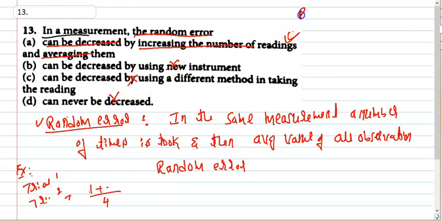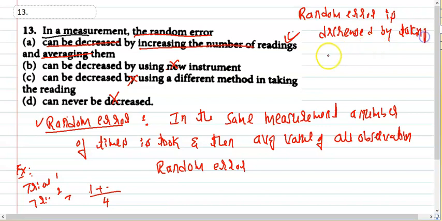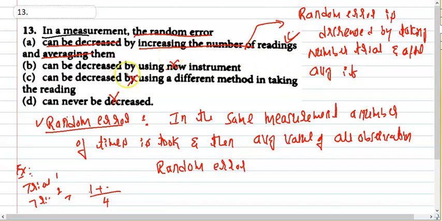No. The random error is decreased by taking a number of trials and then averaging them. So option A is the correct answer for this question.